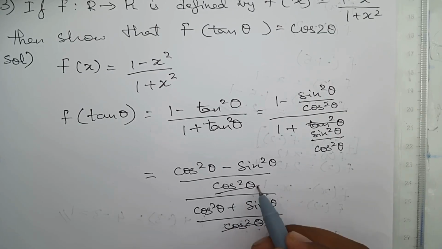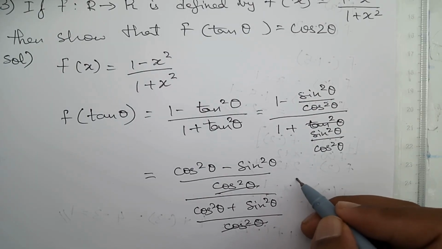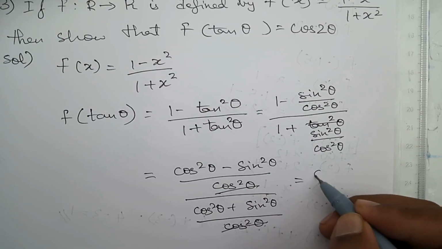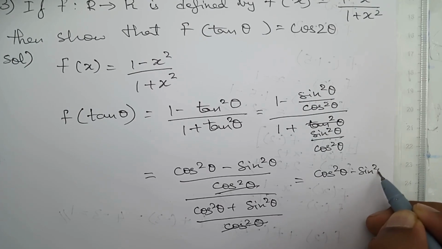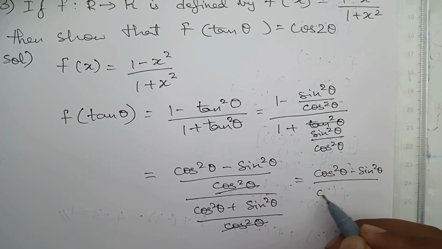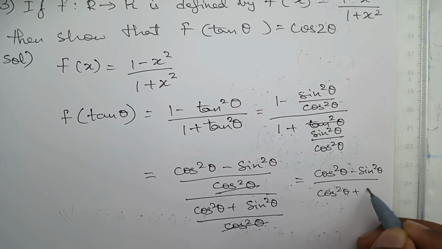Now the cos square theta denominators cancel, and then we will get cos square theta minus sine square theta by cos square theta plus sine square theta.